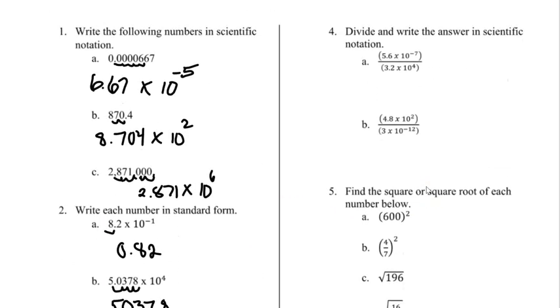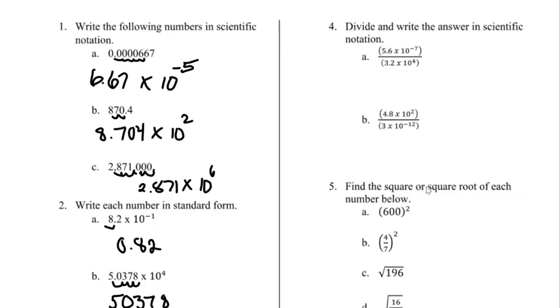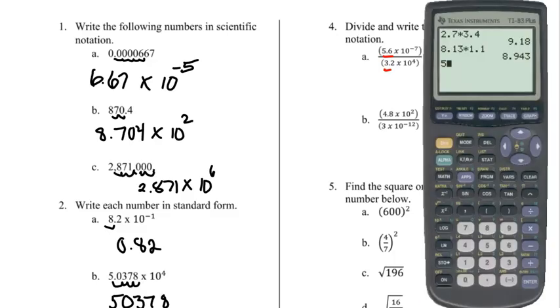Question 4. Here we're going to divide and write the answers in scientific notation. So we're doing the same thing with the multiplication with this division here. We're going to take our decimals and we're going to divide them. So I'll grab our calculator again, and we have 5.6. We're going to divide that by 3.2.